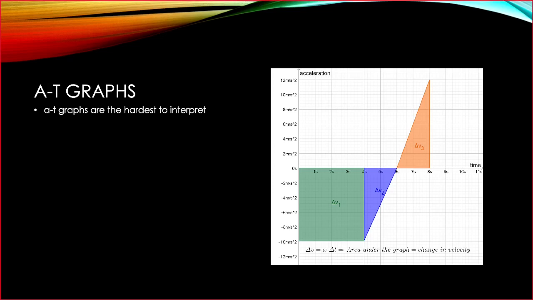So could anybody give me an explanation of what this movement could be? Like what could that motion be? Okay. So if I say the value that's just under 10 meters per second squared, what could that value be?